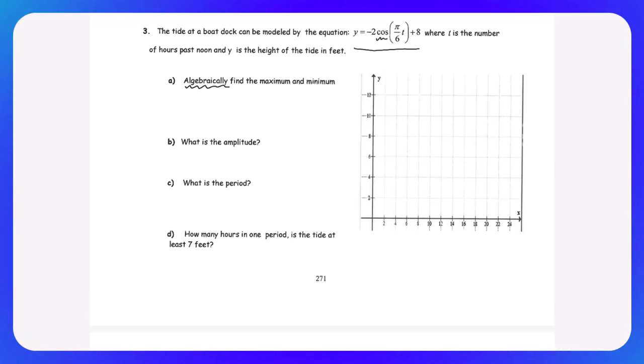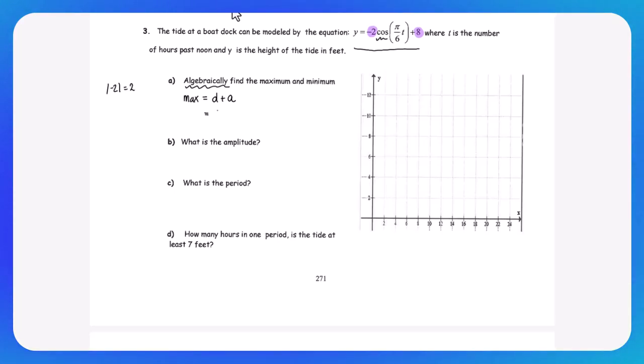So let's keep going, and it's asking us to algebraically find the maximum and minimum. In diplomas, in unit exams, we have to really take care with our directing words, and algebraically is a strong directing word that says you got to show the math. So if we want to find the maximum, we know the maximum equals the average value plus the amplitude. In this case, our average value is the D value, which is 8. Now the amplitude is the absolute value of -2, which is 2.